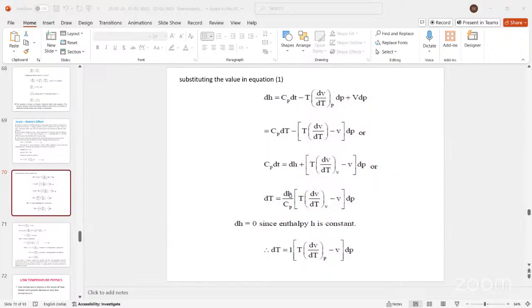In this equation, suppose we take dH equals 0, since H is constant. So dT equals 1 by Cp, and T dV by dT at pressure P. Finally we get this equation, minus V into dP.